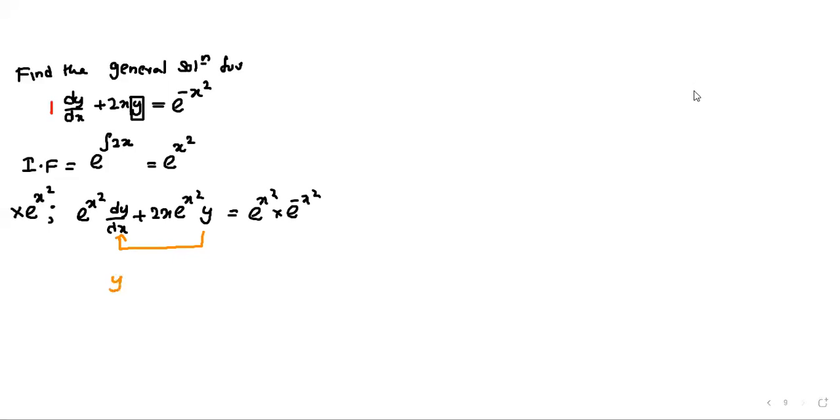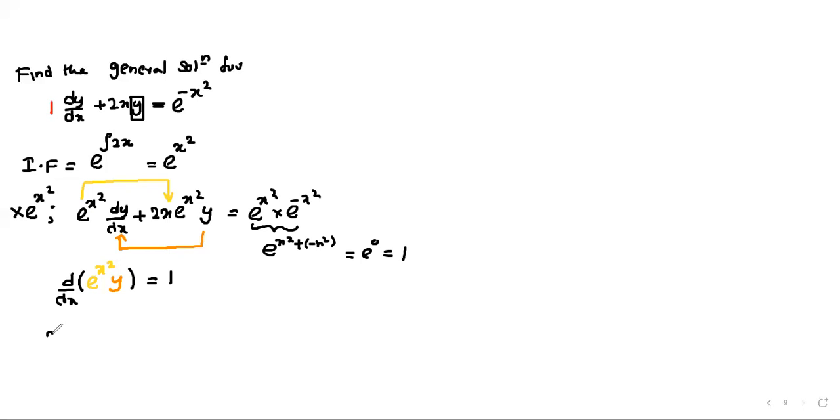Then what can you say about the differentiation of e to the power x squared? It is this answer, right? Therefore, you can write this is e to the power x squared. That means this whole thing is the differentiation of this expression. If you simplify this, you can add these two together: e to the power x squared plus minus x squared turns into e to the power 0, which is 1.